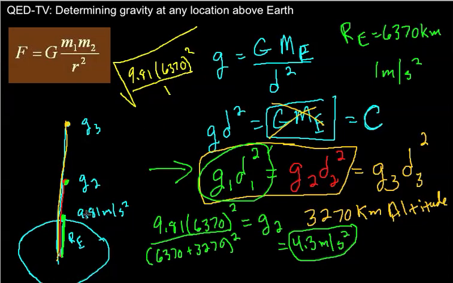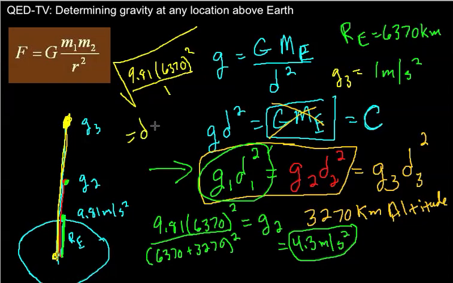Okay, but that's the total distance from here all the way out to, let's say that we were trying to figure out G3. G3 was 1 meter per second squared. So this distance is the distance from here all the way out to the G3 location. But the question says, what is the altitude? So whatever I get for this answer, the square root is going to equal some d.